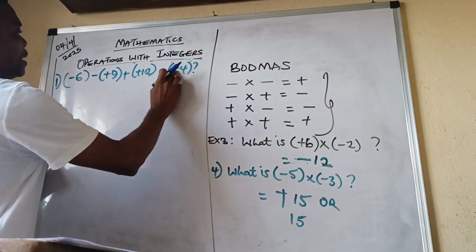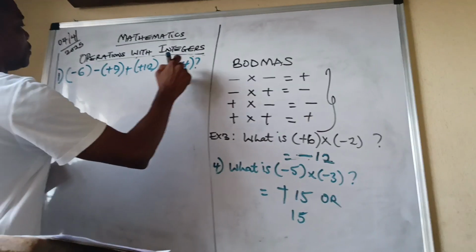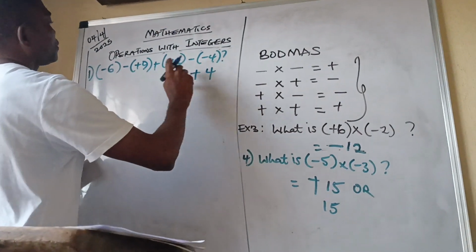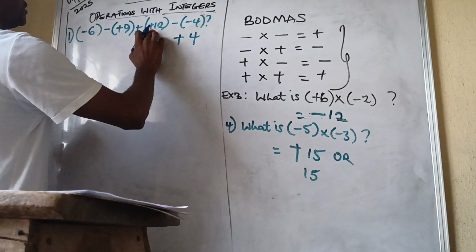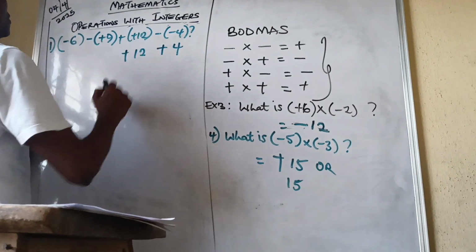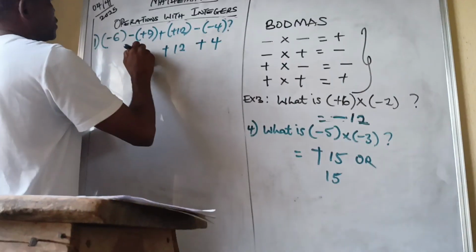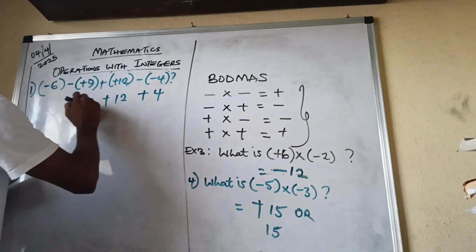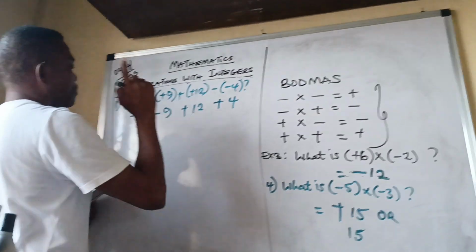Minus times minus is plus. I bring down the 4. Plus times plus is plus. I bring down the 12. Minus times plus is minus. I bring down the 9. Then here I have minus 6 in bracket. I bring it out. I repeat again.